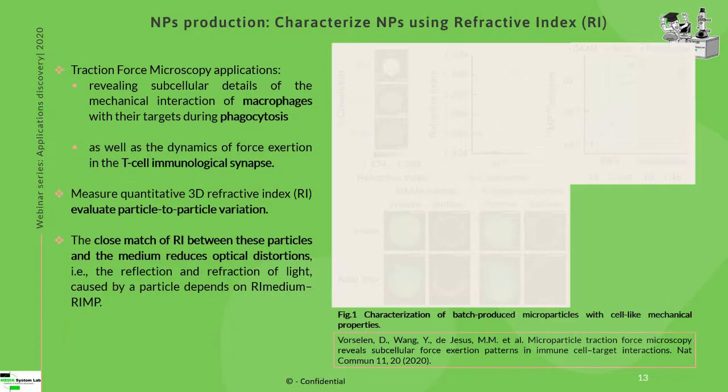The smaller the difference, the smaller the optical distortion. So knowing perfectly the refractive index characterization of these particles will definitely be a benefit for your decision, and will give you the answer to the question: are these the nanoparticles that I'm looking for?